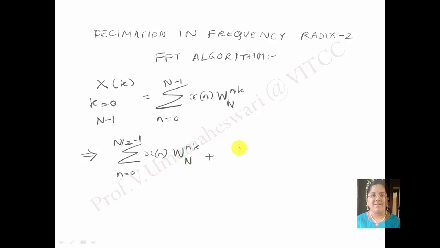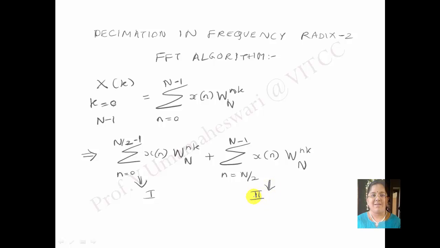So these are the first N by 2 terms, and the limits for the second will be N by 2 to N minus 1, x of n W_N to the power nk. Now let this be term 1, let it be term 2.